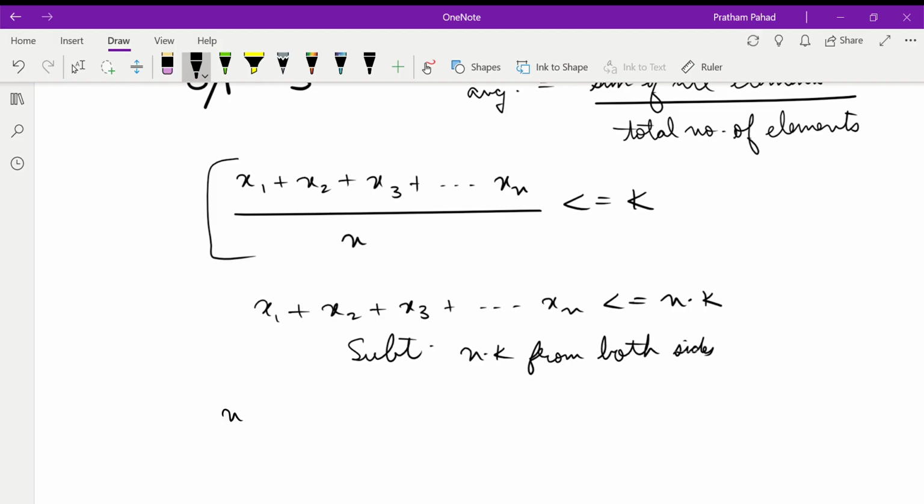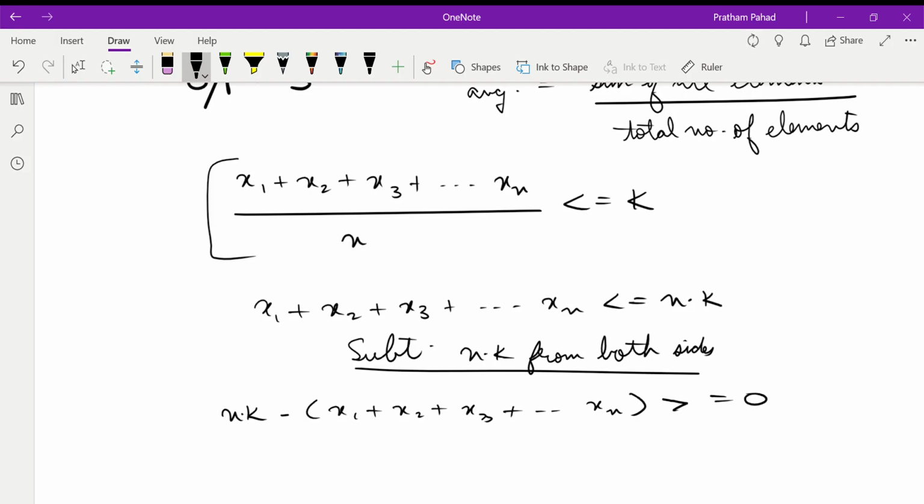It will be nk minus (x1 plus x2 plus x3 plus xn) should be greater than equals to 0. Whenever you are doing any operation on LHS and RHS both, then this sign changes. Got it? So this is the critical step which helps us to make this problem easier.